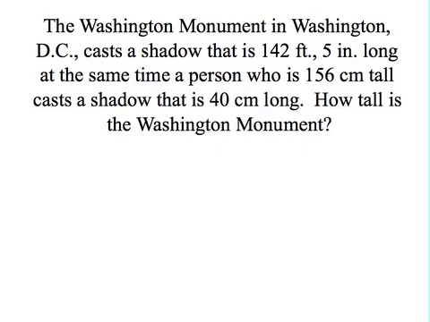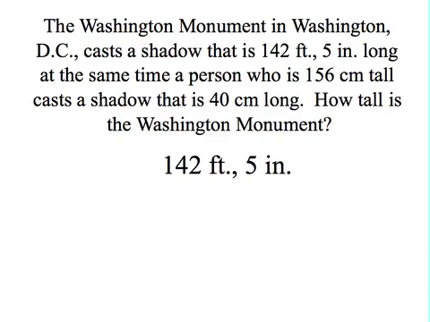But the first thing we need to do is deal with the 142 feet 5 inches. A common error is to write 142.5 feet, but there's 12 inches in a foot. So 142 feet 5 inches is 142 and 5/12 feet. I personally would rather not work with a fraction like 5/12, so I'm going to remedy that by converting it into inches.